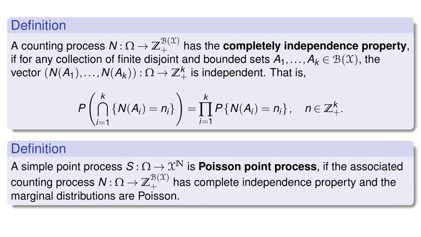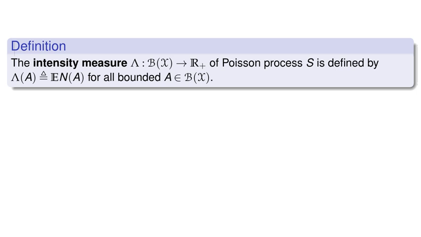First, it has the complete independence property we just defined, and second, its marginal distributions are Poisson. The intensity measure lambda mapping from script B of script X to R plus of a Poisson process S is defined by lambda of A equals the expectation of N of A for all bounded sets A in script B of script X.